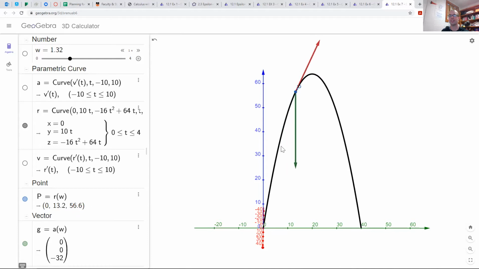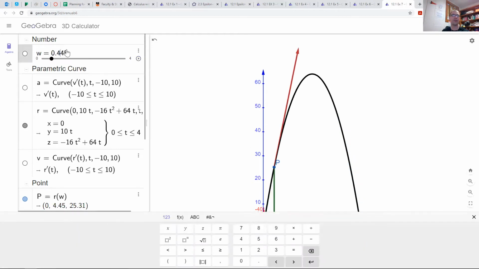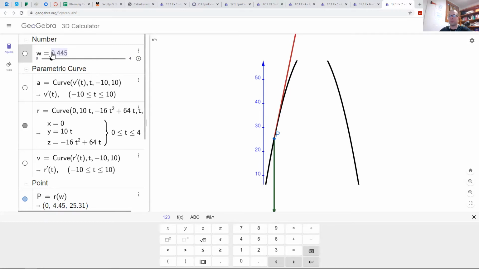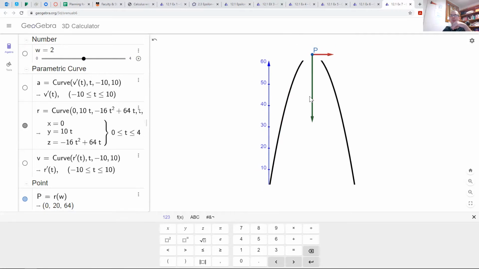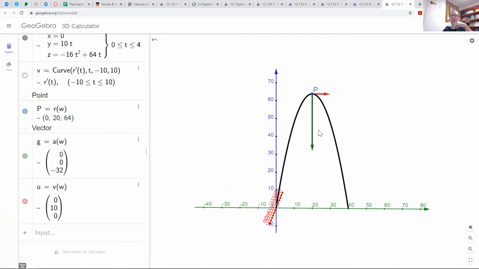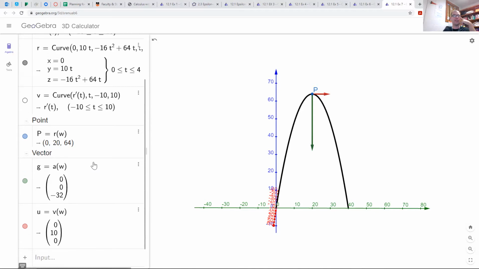So our slingshot gets launched into the air, hangs out for a while, falls back down. And in order to get the exact vectors we want, we would just put in 2 for our parameter. That's when we hit the apex of our path. The vector there would be 0, 20, and 64 would be the height.